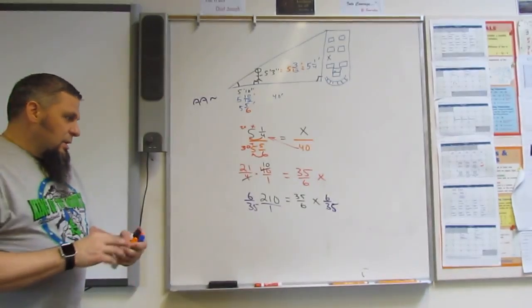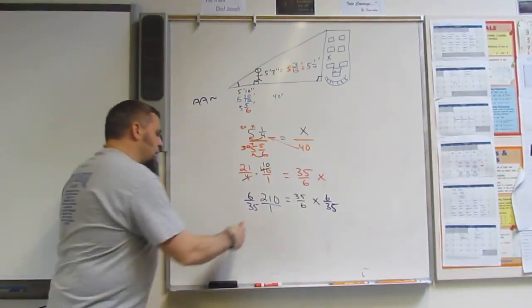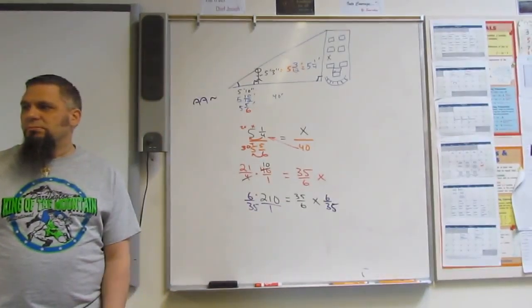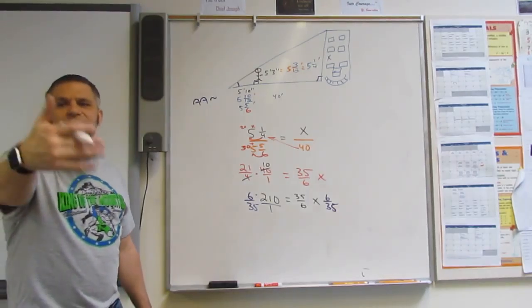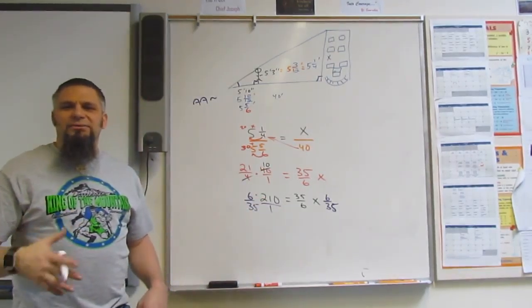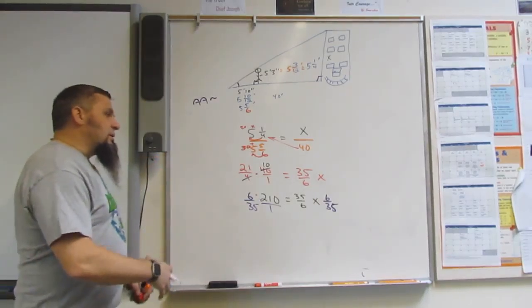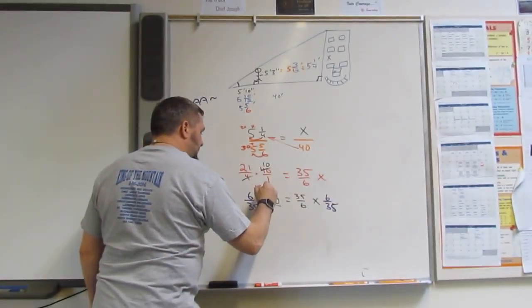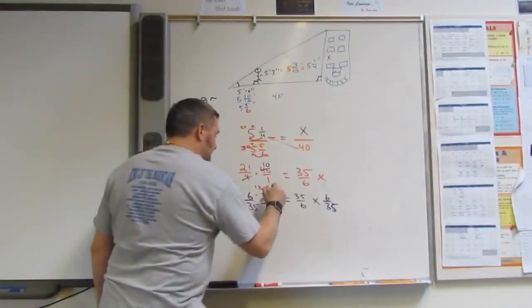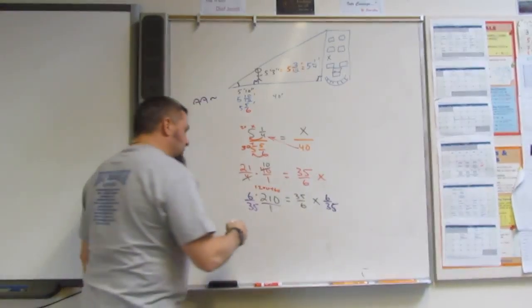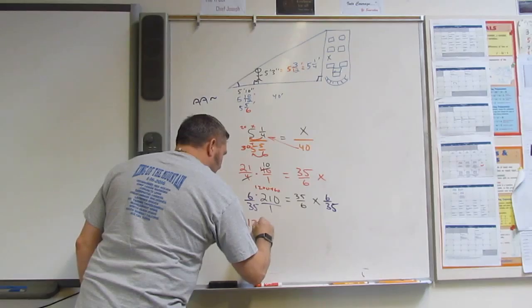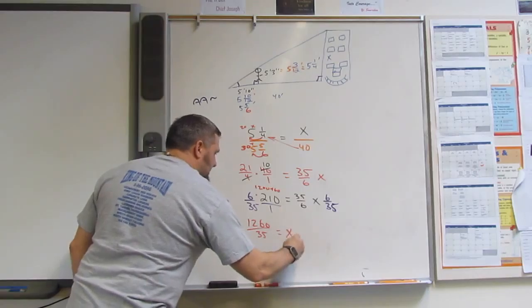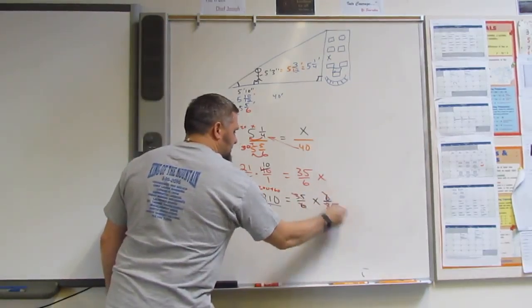I could cross these out, or I could multiply. In the other film, I crossed them out and it was really confusing, so in this one I'm just going to multiply. 6 times 200 is 1200, and 6 times 10 is 60, so 1200 plus 60 is 1260, all over 35, equals x, because these just cancel.